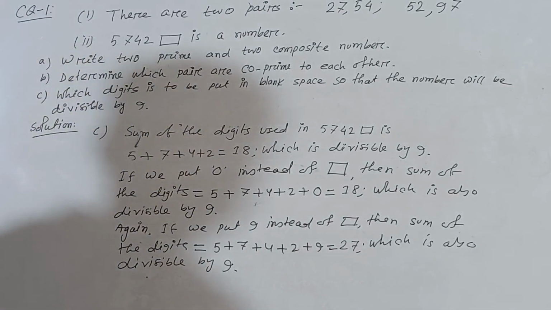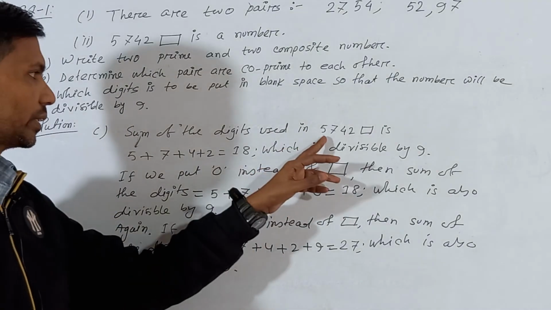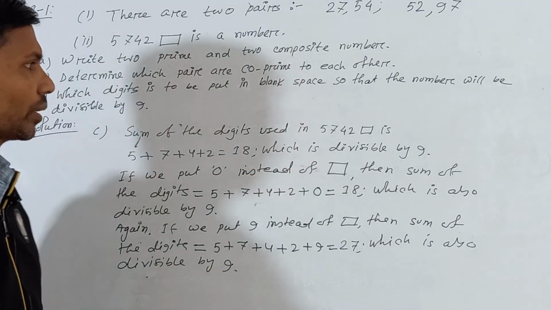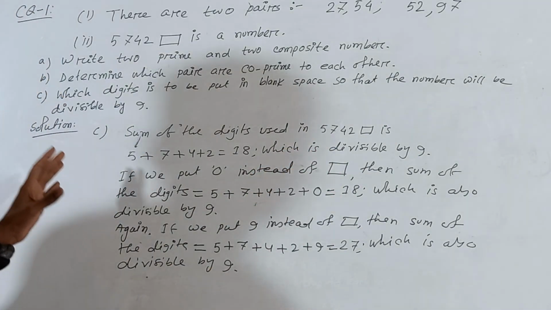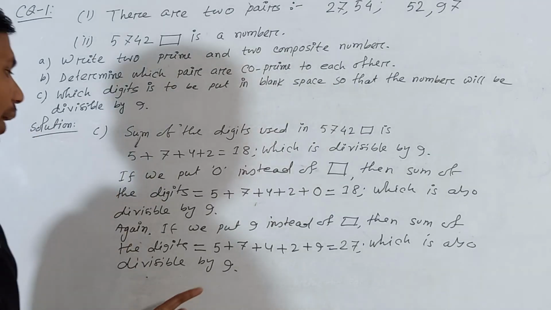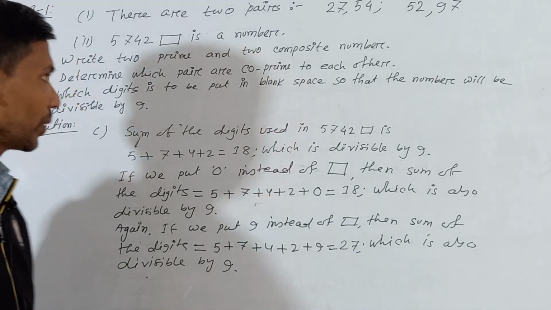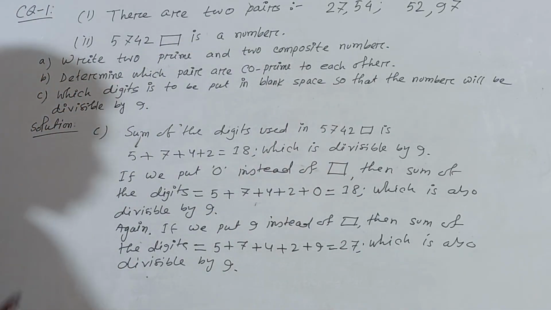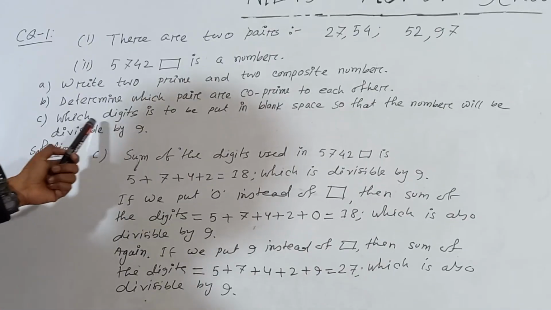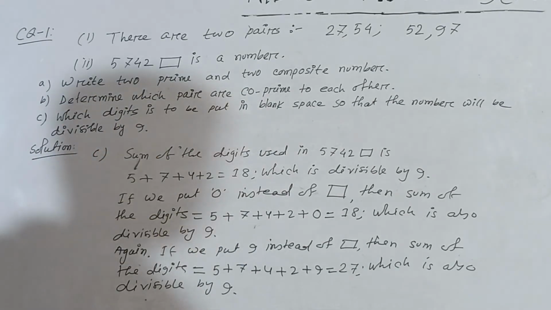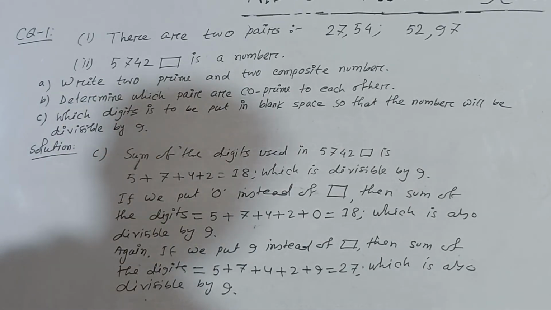Okay student, for any other digit the number is not divisible. We observe that only for 0 and 9 this number is divisible by 9. Okay, you see now the question: which digit is to be put in the blank space.